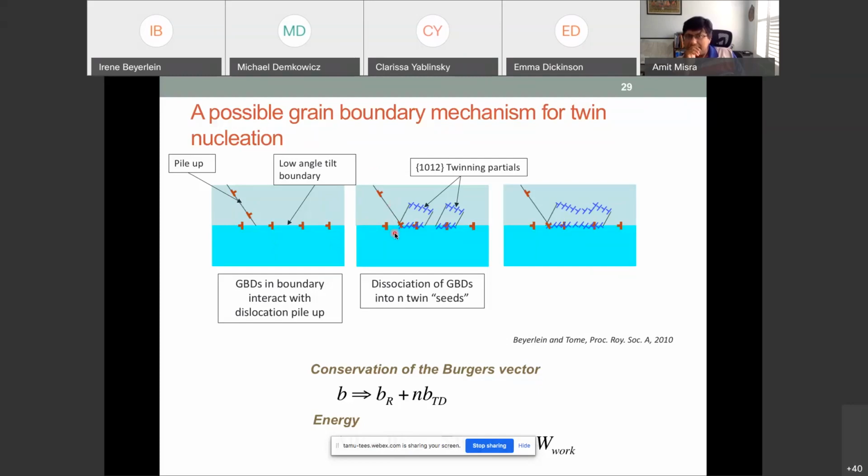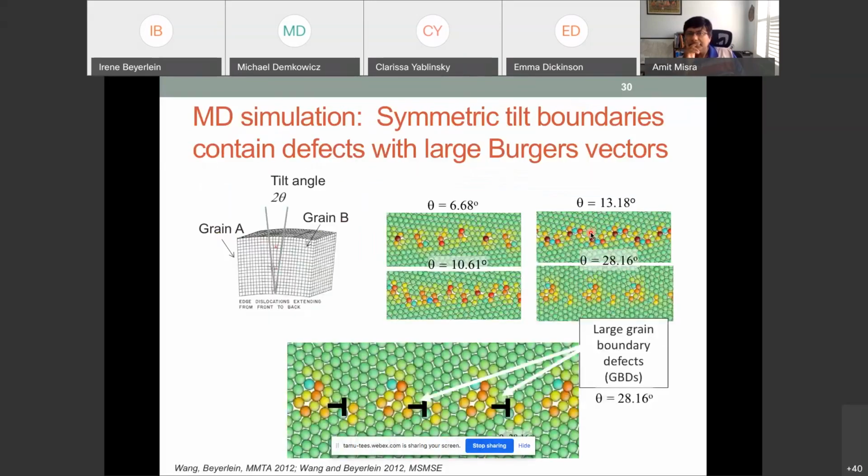Under a high stress, these dislocations can dissociate and form twin seeds, and then they can coalesce into one twin embryo. Now, that's conceptual.